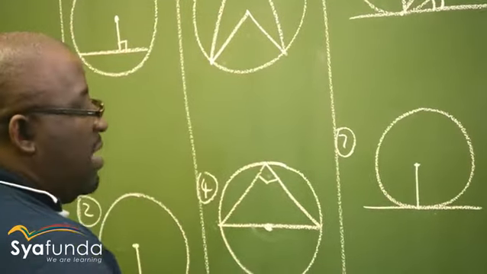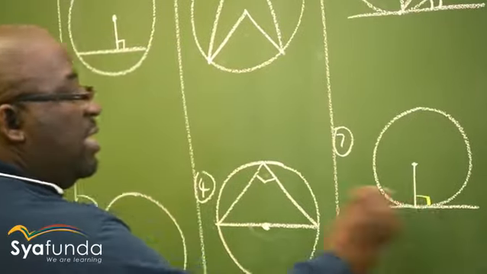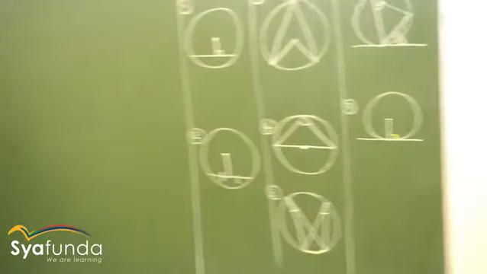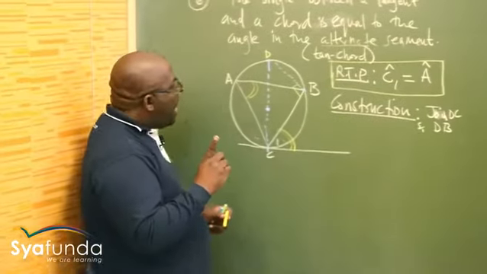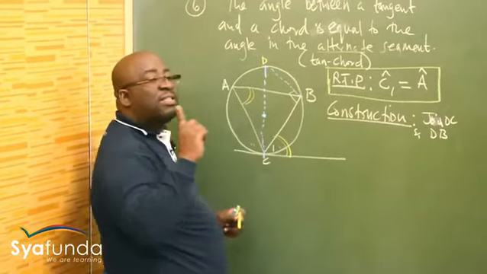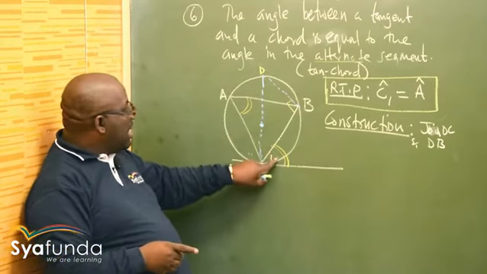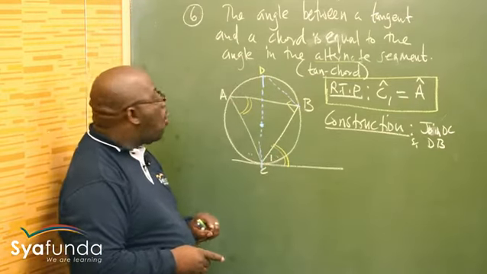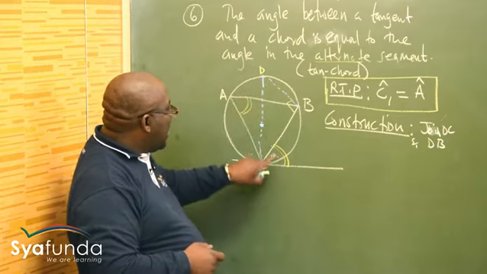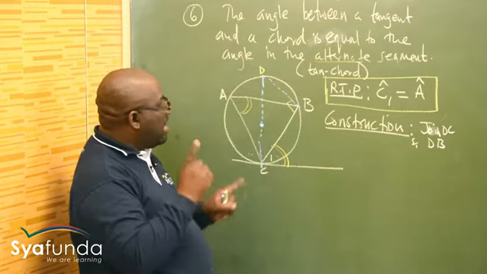So that theorem is vitally important. So this is 90 degrees. Right. Let me just tell you what we'll be doing. We want to show you that this angle will be equal to that angle. Once I show you that this angle is equal to this angle, this one will be equal to this. But let's move on nevertheless.